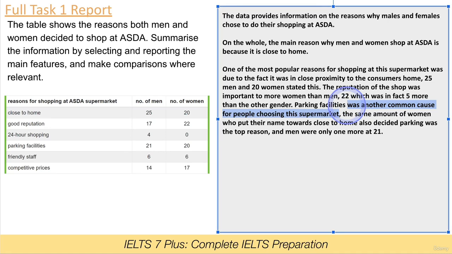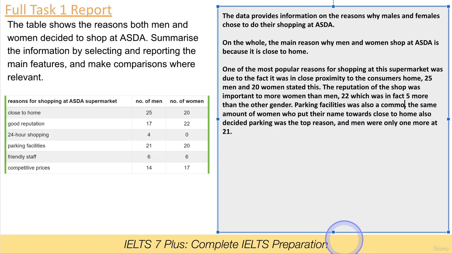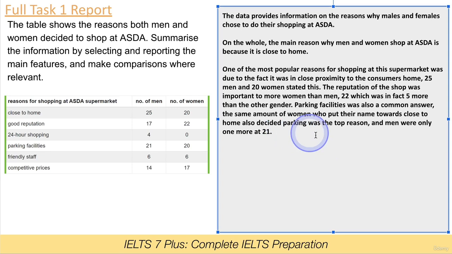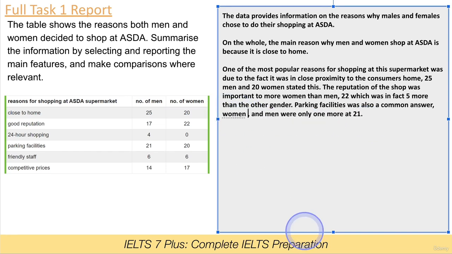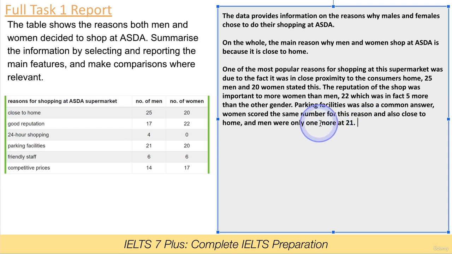We could say was also a common answer. The same amount of women who put their name towards close to home also decided parking was the top reason. That's a bit wordy. We could say women scored the same number for this reason and also close to home, and men were only one more for parking at 21.